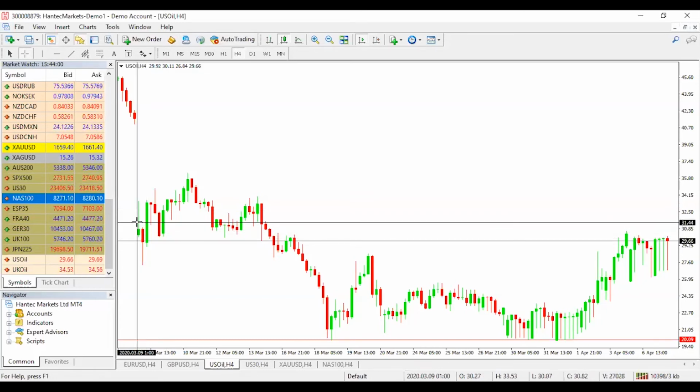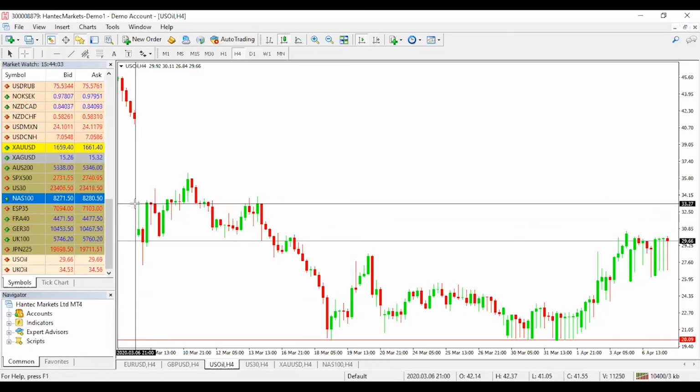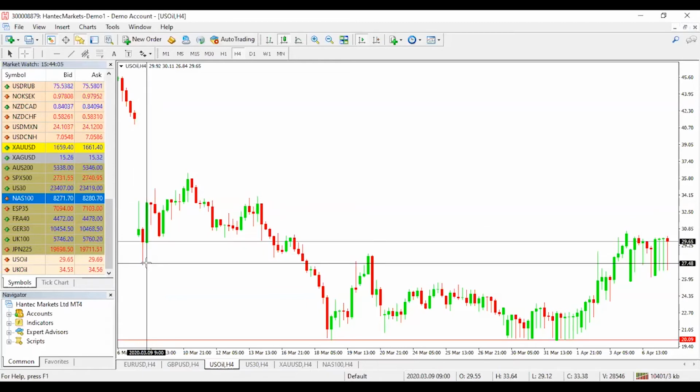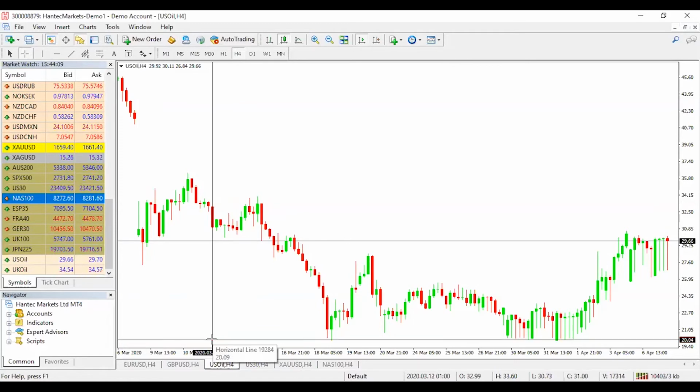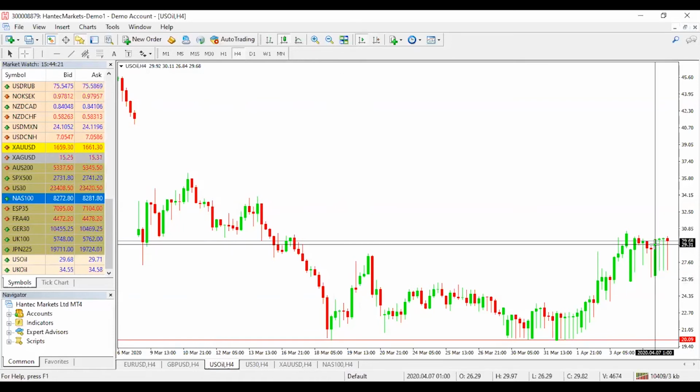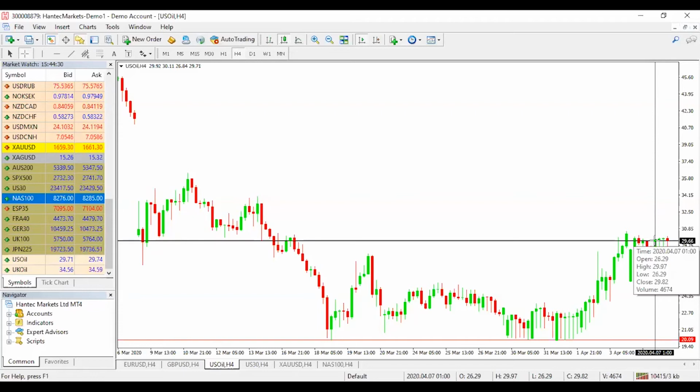You then have the wick, which is the skinny line that goes either up or below our body. And if you look at the bottom, we have the date. This is the date that the market has touched those prices. On the right-hand side is the actual price. My black line that is floating up and down here is the current price of oil. So for US oil, for 1 barrel, we're seeing it at $29, okay?